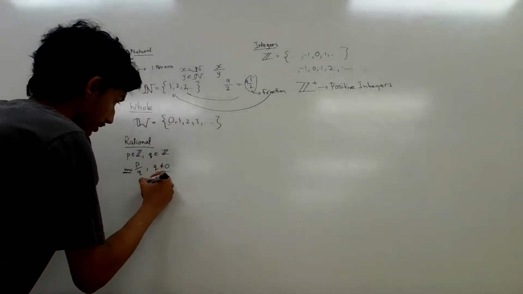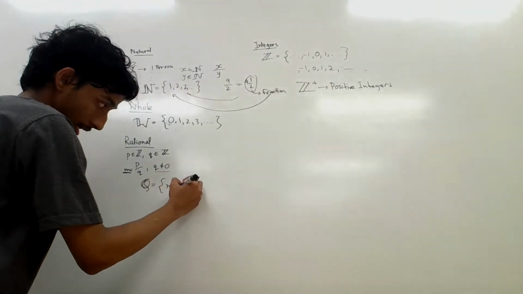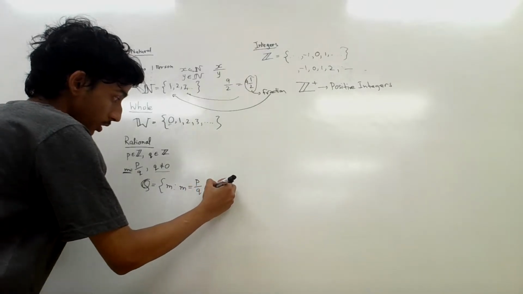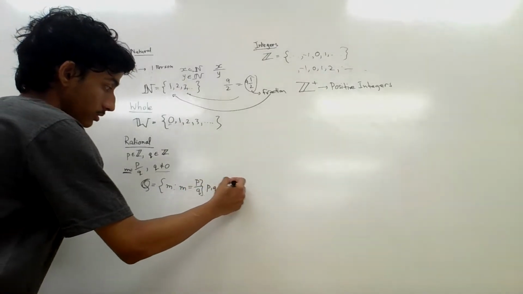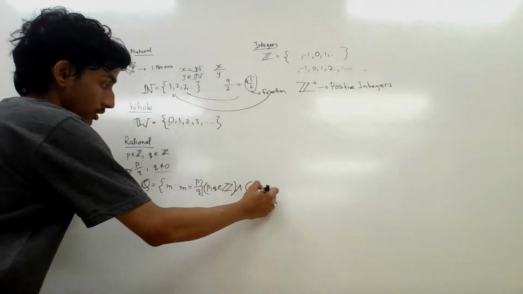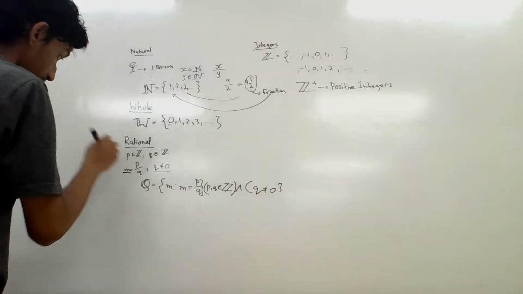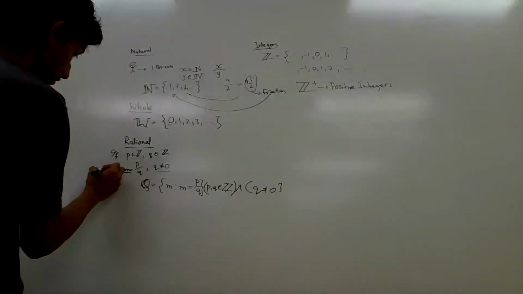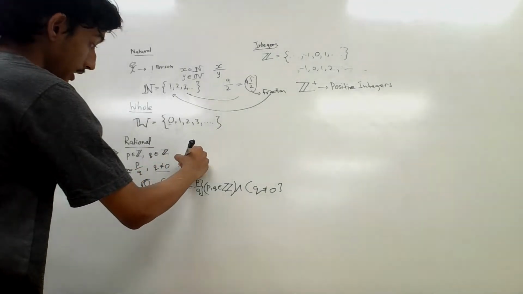Rational numbers are denoted by Q. So Q equals m such that m equals p by q, where p, q belong to the integers and q not equal to 0. Or, in simple terms, if p belongs to integers, q belongs to integers, assume m equals p by q such that q is not equal to 0.